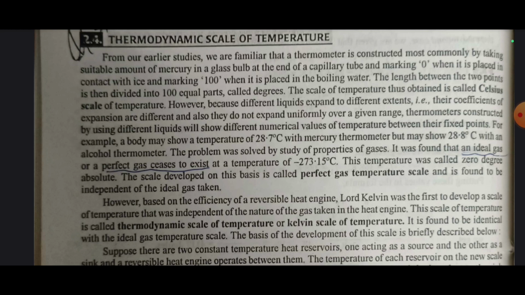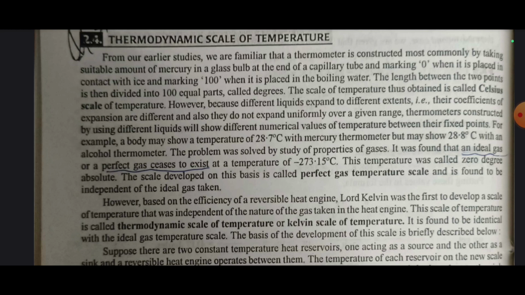However, because different liquids expand to different extents, that is, their coefficients of expansion are different, and also they do not expand uniformly over a given range, thermometers constructed by using different liquids will show different numerical values of temperature between their fixed points.